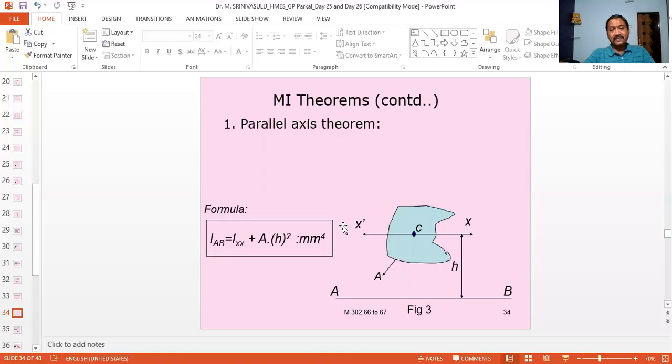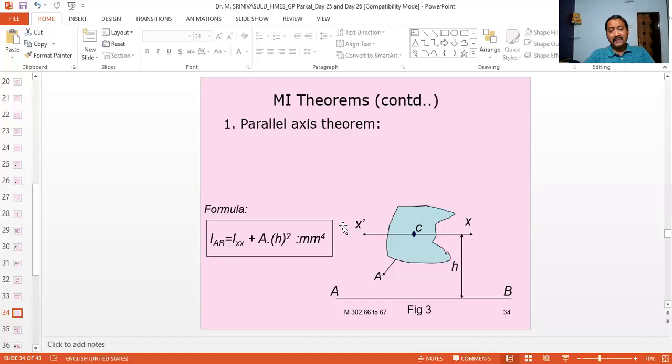Here the x-axis is the axis passing through the centroid, a horizontal line parallel to the x-axis. The axis passing through the centroid of an area is called the central axis, and AB is an axis which is parallel to the centroidal axis x.